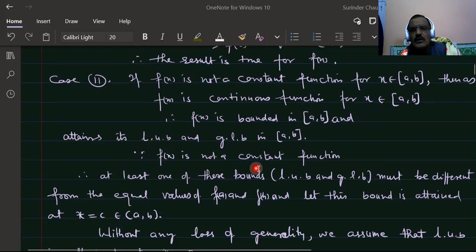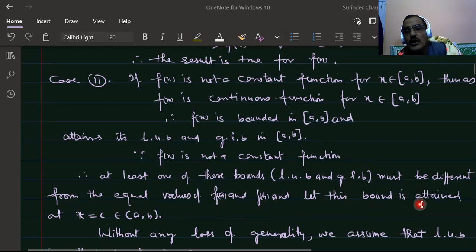Because f is continuous in this interval [a, b] and f is not a constant function, at least one of these bounds, either the least bound or the greatest bound, must be different from the equal values f(a) and f(b), because if it were constant, the value would be equal at all points of the interval.